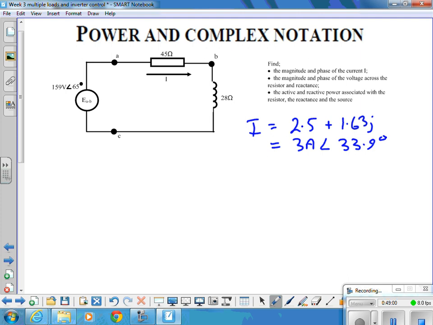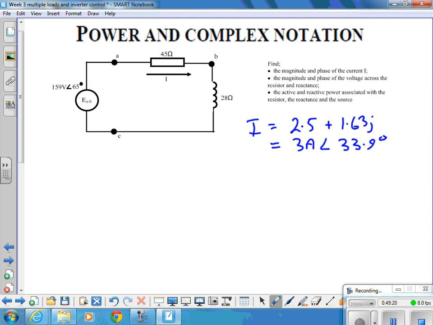That's fair enough. So now we know the current flowing. What does that allow us to find? The magnitude and phase of the voltage across the resistor and the reactance. Can we do that now? I think we can.